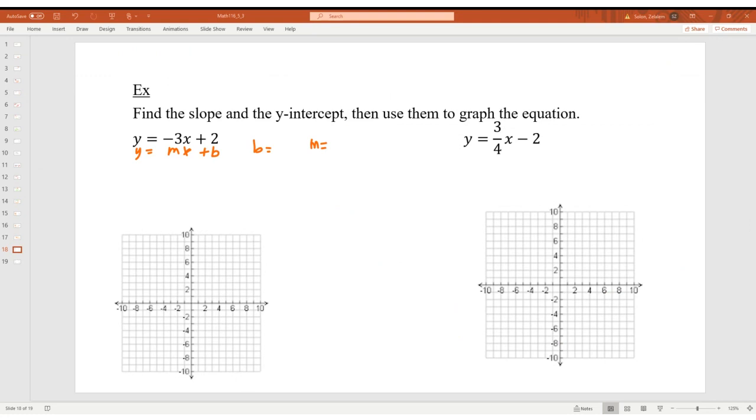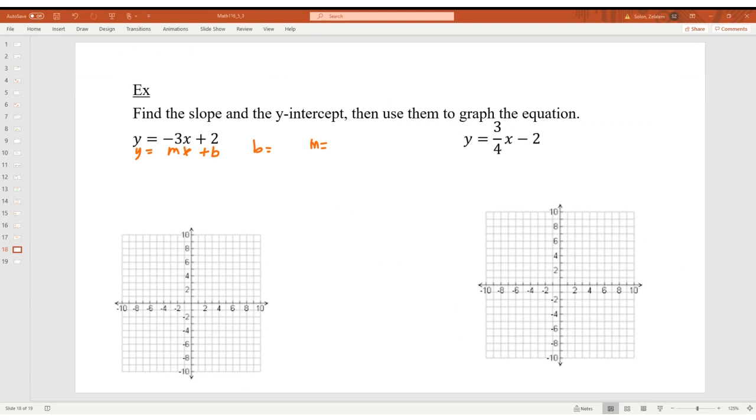Okay, good. You transpose them. You get the numbers right, but you change them. Just look at the 2 equations: y equals negative 3x plus 2 and y equals mx plus b.